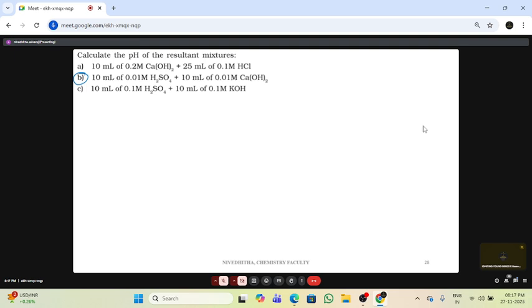Done with balanced equation? Can you please tell me the balanced equation? So here the neutralization reaction is between sulfuric acid and calcium hydroxide.